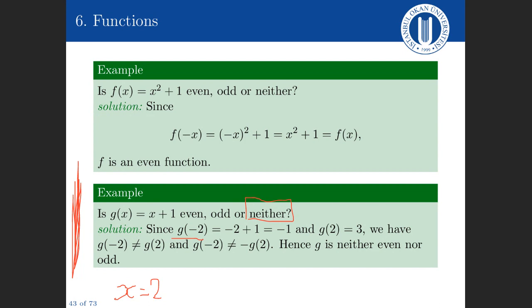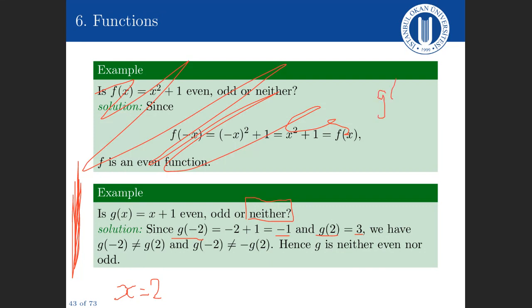I've calculated g of minus 2 is minus 1, and I've calculated that g of 2 is equal to 3. If this was an odd function, we would have g of minus 2 is equal to minus g of 2. But we don't have this.